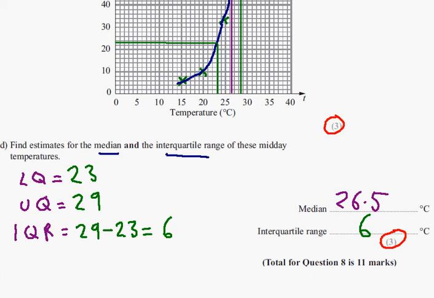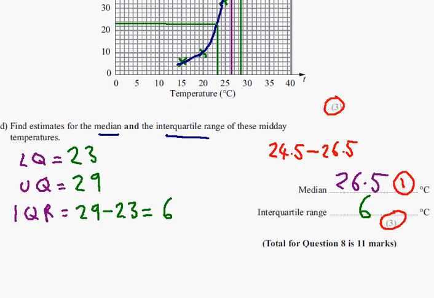Or if you've got the median in a range of 24.5 up to 26.5, just in there, I would have got the mark for the median. So I would have got 1 mark there.